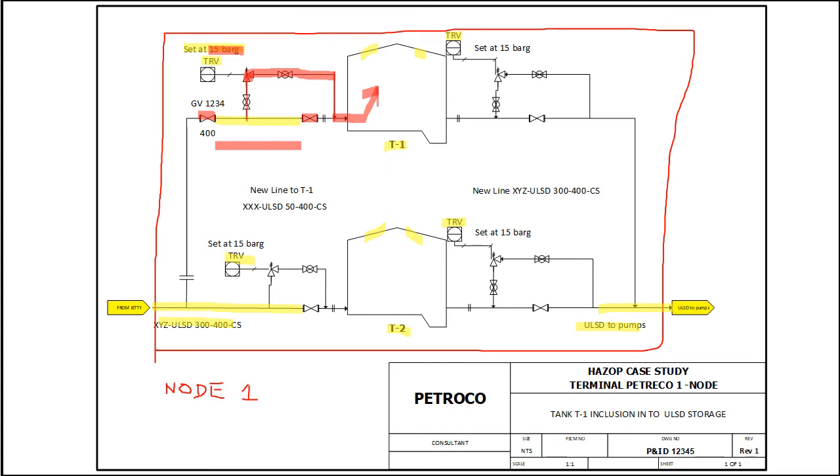Likewise, we've got the other TRVs also with sections of line which can be shut in and therefore are protection for these sections of line. This node will then be carried through onto our documentation, and that is the next slide.